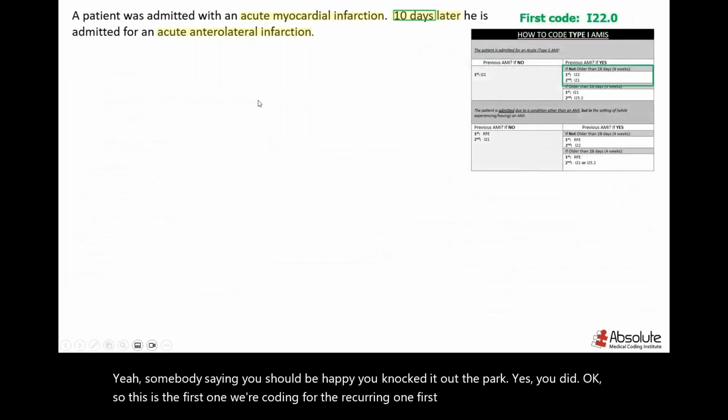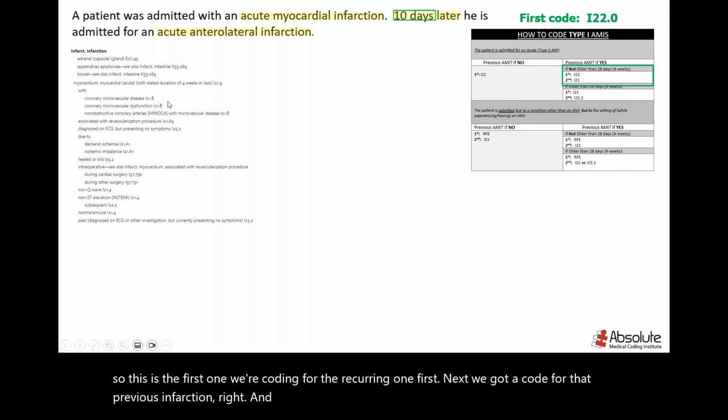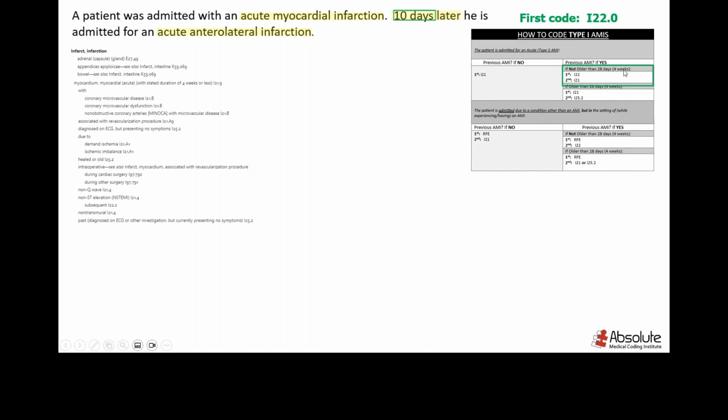Next, we've got to code for that previous infarction. And that previous infarction is still acute, because it is 28 days or less, so we still use these acute codes. So we're going to go to infarction.